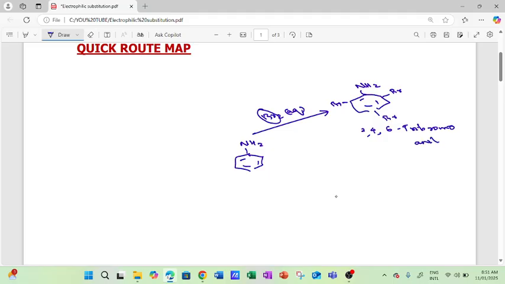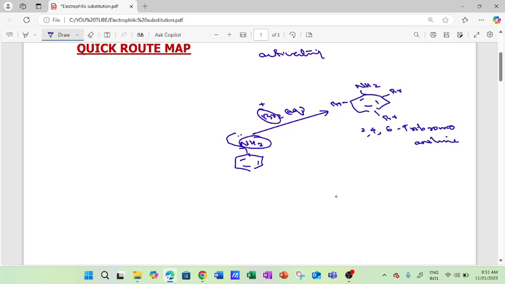Why are we getting a tri-substituted product? Because this NH2 is a highly activating group. Activating group means a group which directs the incoming electrophile to the ortho and para positions, and aniline is highly activating. Why? Because due to resonance, the lone pair of nitrogen moves towards the ring.